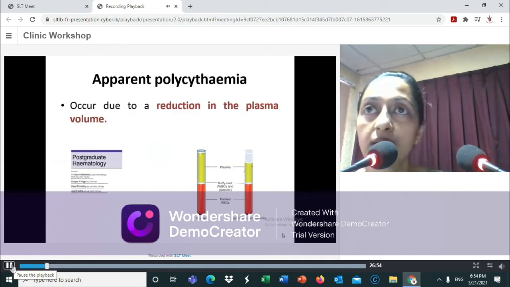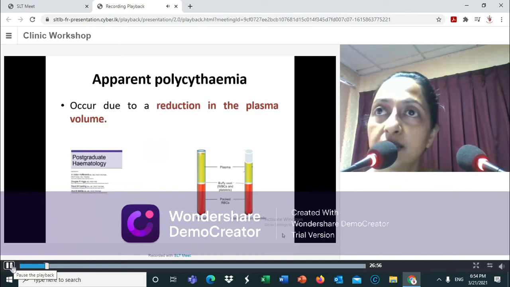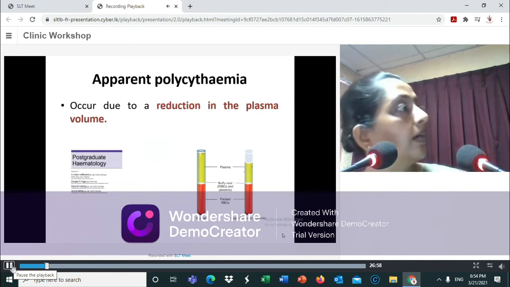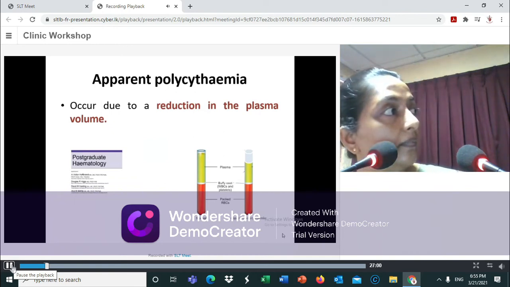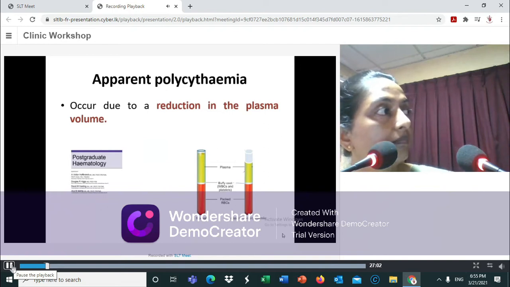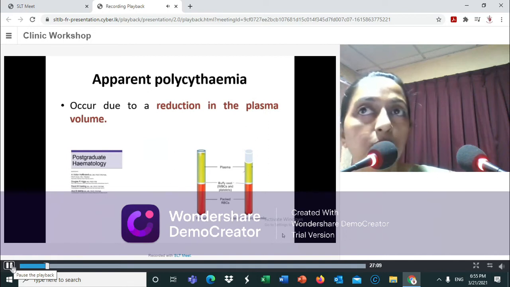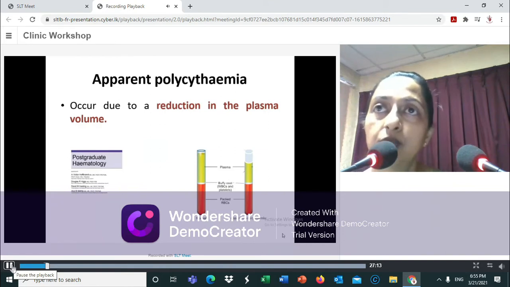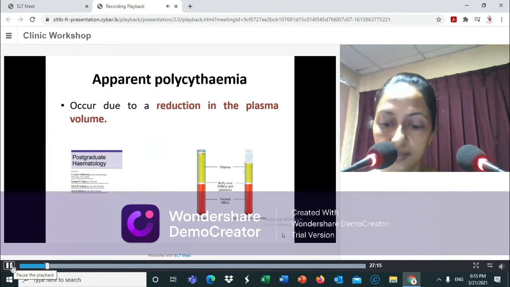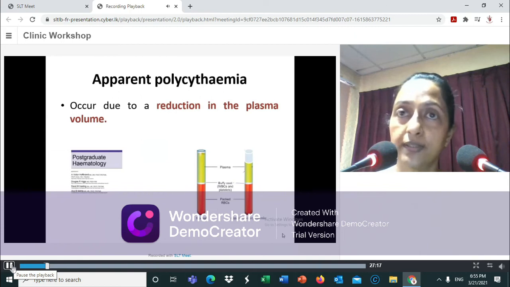This occurs due to a reduction in the plasma volume. As you can see in this diagram, this is the normal person. This is the person with apparent polycythemia. There is a reduction in the plasma volume. Therefore, there is a relative increase in the red cell mass. Therefore, you will get a report with high hemoglobin and hematocrit.